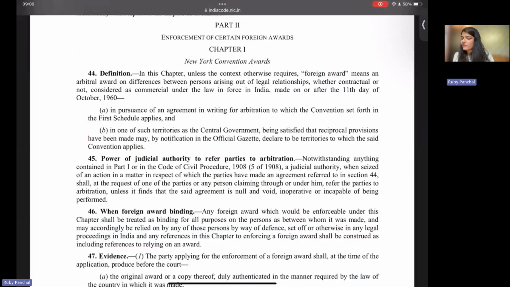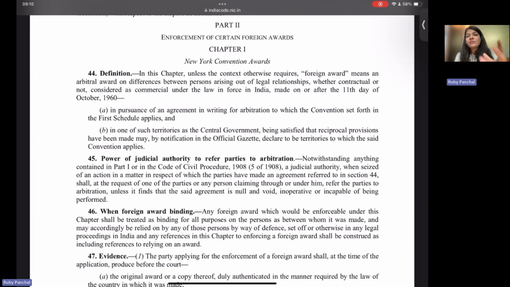So when you read Section 44, it says, in this chapter, unless the context otherwise provides, foreign award means an arbitral award on differences between persons arising out of legal relationships, whether contractual or not, considered as commercial under the law in force in India. So, foreign award is essentially an award arising out of a commercial dispute which was subjected to arbitration, and in pursuance of an agreement to which the convention, which is the New York Convention, applies.